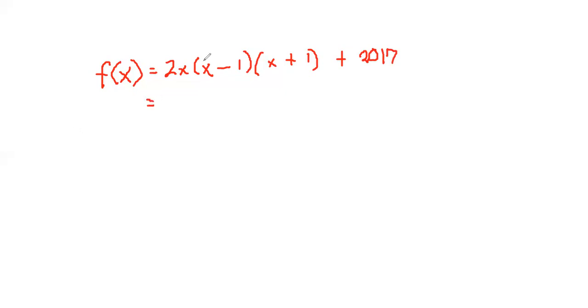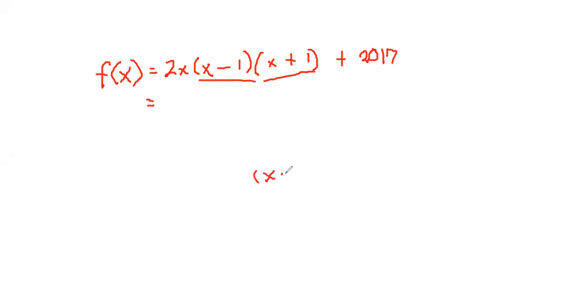We have f of x is equal to 2x multiplied to x minus 1 multiplied to x plus 1 plus 2017. Kung makikita nyo, ang x minus 1 pati ang x plus 1, that is a sum and difference of two binomials, diba? So may technique tayo dyan. Kapag sum and difference of two binomials, squared lang natin si x, squared lang natin si 1, then ang sign sa gitna is negative.